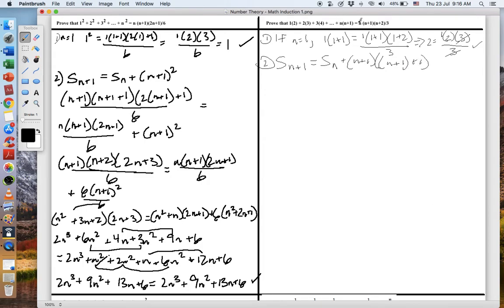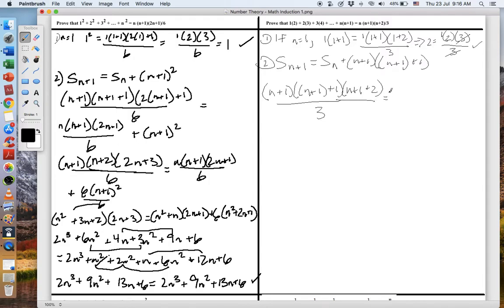Again, we're just substituting n plus 1 for each n there. And so from here on out, we're going to take this, substitute n plus 1 for each n: n plus 1 times n plus 1 plus 1 times n plus 1 plus 2 over 3.